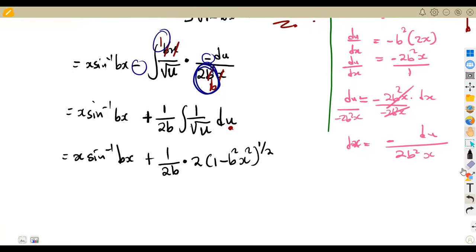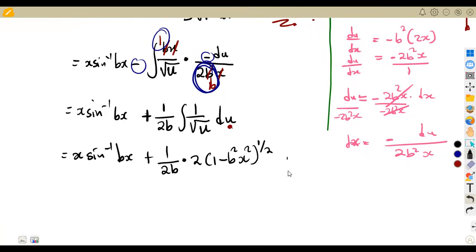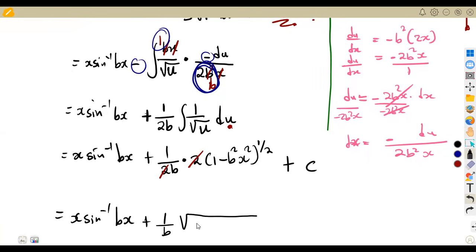So we are done because we do not have any integral left. We just write the constant of integration. But as you can see here, there's something that can be cancelled: this 2 and this 2 cancel. So that will be x times arcsin of bx, then plus, if we take this, we're just going to write it as 1 over b times the square root of 1 minus b squared x squared.